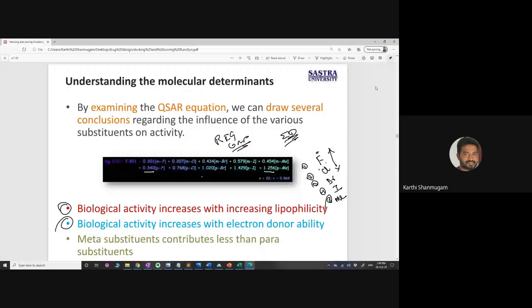One more question: if I change this methyl at para position to a more electron donating group, even stronger compared to the methyl group, what will happen to the biological activity?